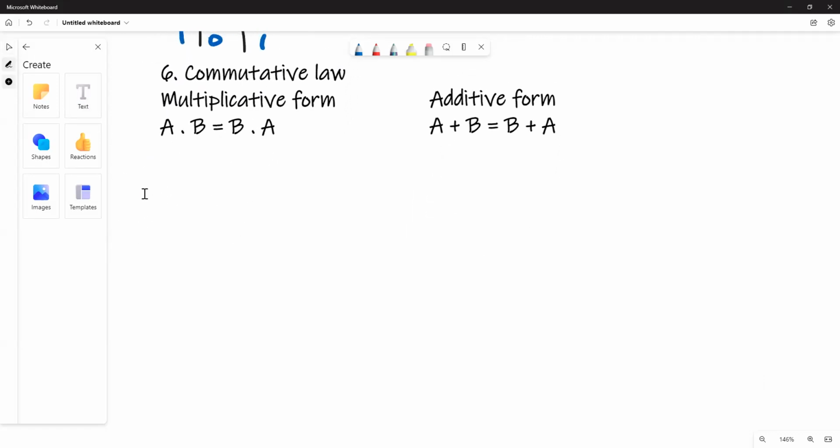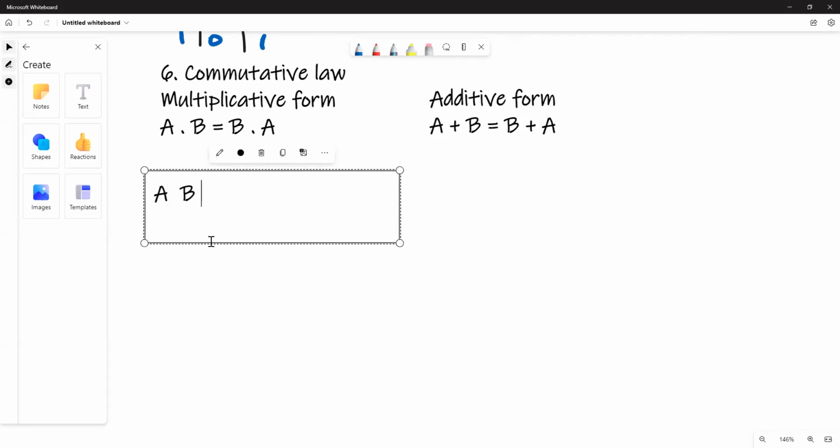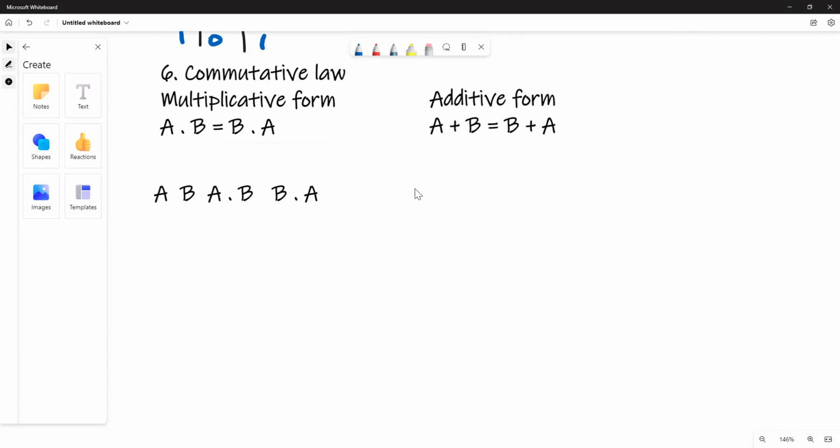So to draw the truth table, we can have A, B, then we can have A dot B, and we can have B dot A. The next one you can also do the same. We can have AB.